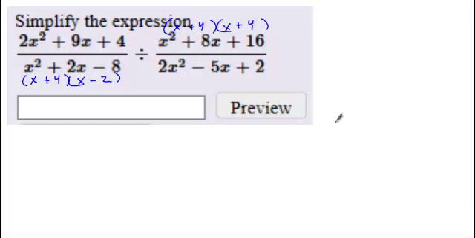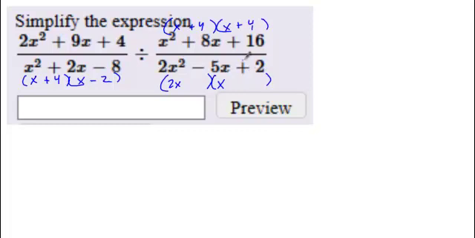Okay? Now, once you do the ones that are easy for you, you can move to the ones that are a little bit tougher. And again, trial and error is probably a very easy way to do this. When you get familiar with it, you can see the leading coefficient and the constant are both prime numbers. There's only one pair of factors that give you 2, so this is going to be a 2x and an x.